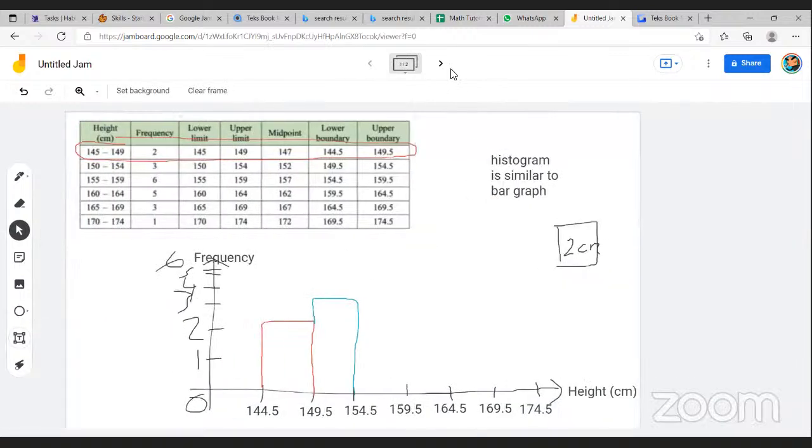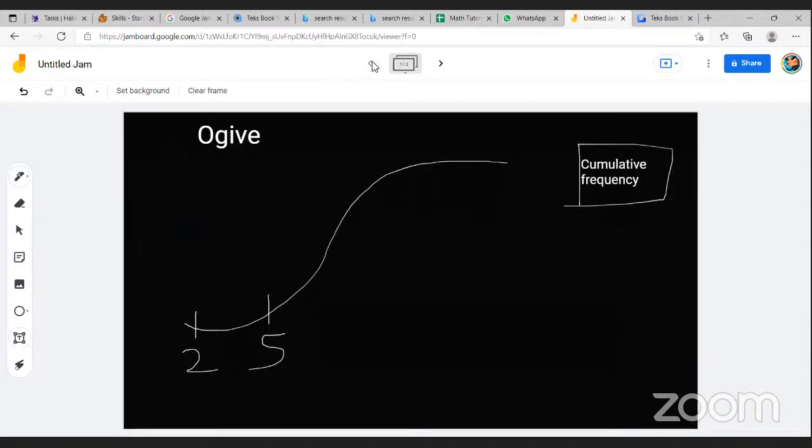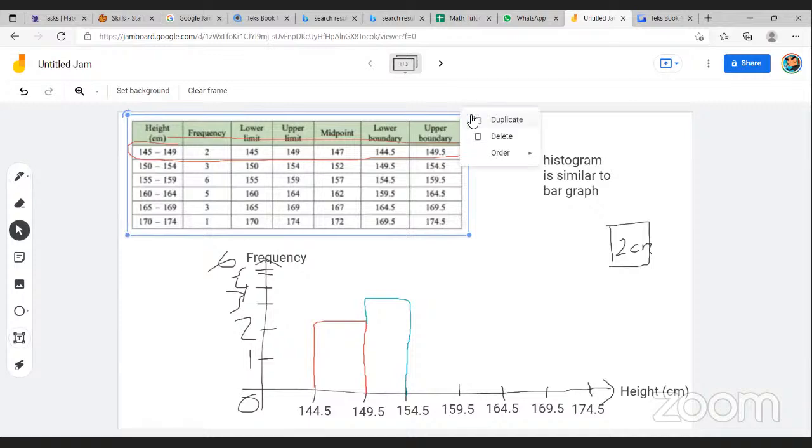Basically, how it works is that an ogive will start at, let's say the shortest class, where there are only 2 people. Then the next class has 3 people, but we don't say 3, we say 5. Because an ogive refers to the cumulative frequency, where each class on the graph is the first one plus all the other ones after it. So from the starting one, let me just take this real quick and copy paste it here.